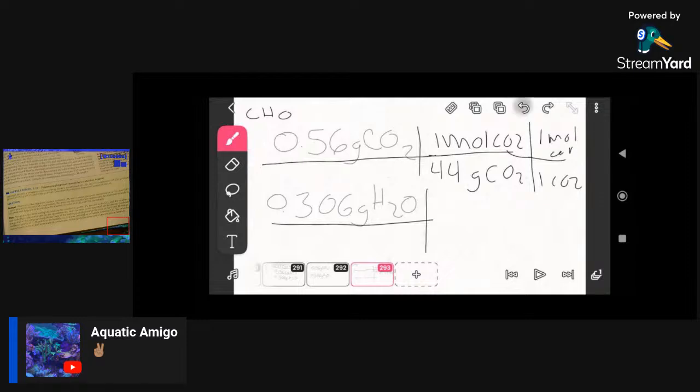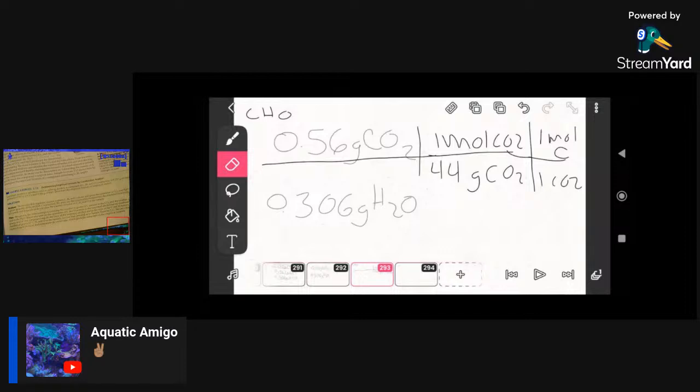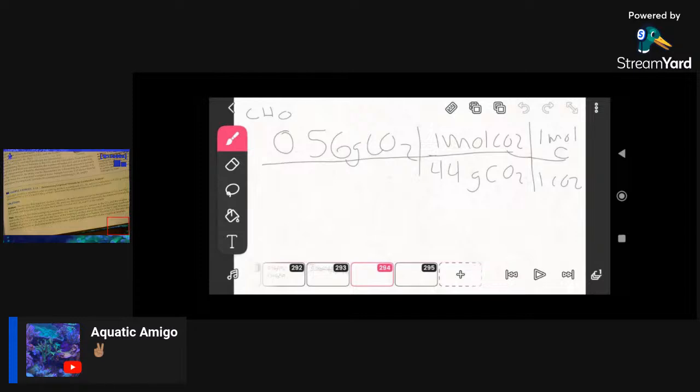Has 1 mole of carbon, right? Damn, guys, I might have to delete the other one real quick. I can't even delete it. Hold on, guys. My bad. You know what? Now I know what to do. Okay. It goes 1 mole of carbon.